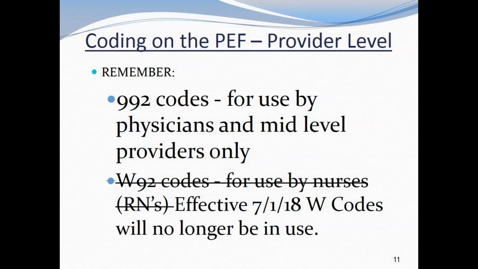That's how we track things. So in my eyes, I think it's a better way to track instead of using those W codes. I left this on here just to make sure everybody knows, and I wanted to go over it one more time just in case. But as of 7/1, I need you all to use the 99 codes that are on the PEF now.